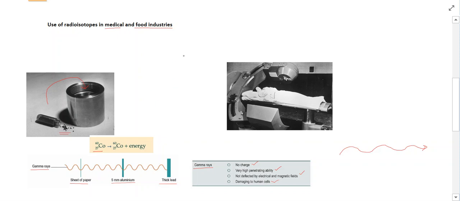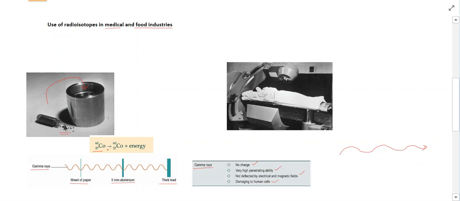Gamma rays are very high energy radiation essentially, and they can cause a lot of damage, but like anything, you can direct that. If you think about a laser, for example, a laser can cause a huge amount of damage. It can be very damaging to cells, but you can use a laser to make incisions and cut as well. It just depends how you use it.